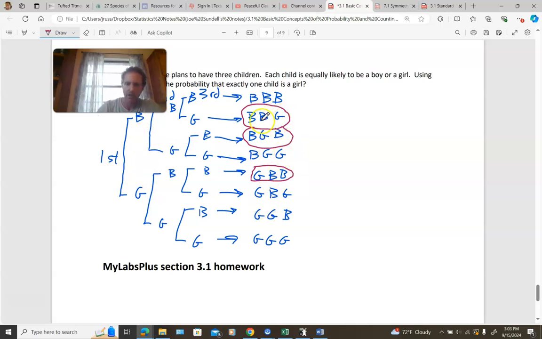So basically the 3rd child could have been a girl, or the 2nd child could have been a girl, or the 1st child could have been a girl, and then the others of course have to be boys. So we can say that the probability of having exactly 1 girl is equal to 3 out of 8, because there are 8 total outcomes, and 3 of those involve having exactly 1 girl. Okay.